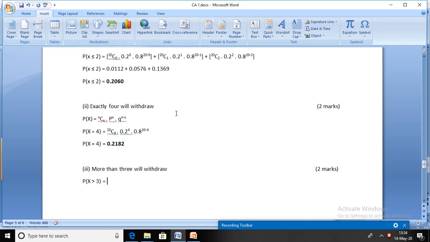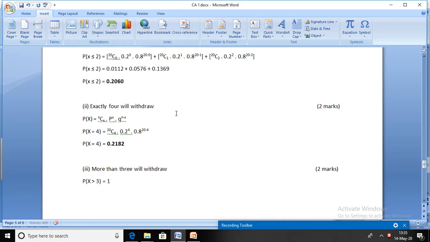So since you know that total probability equals 1, if you say 1 minus the probability of 0, 1, 2, 3, whatever remains will represent the probability of 4 going up to 20. That's what we are going to do.